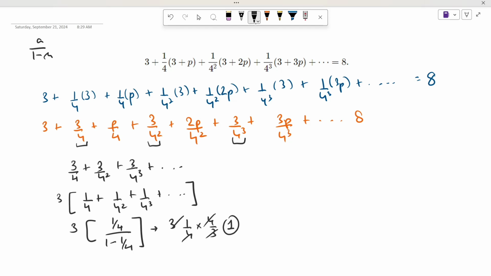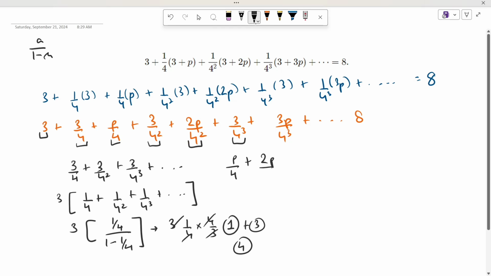So let's pick another series, that is we have 3 as well. So we'll add 3 to this, and this would give us 4. That means this remaining term p upon 4, this term 2p upon 4 square plus this term 3p upon 4 cube, this would continue, and this was given as 8, and the sum for the terms on the left hand side was 4.